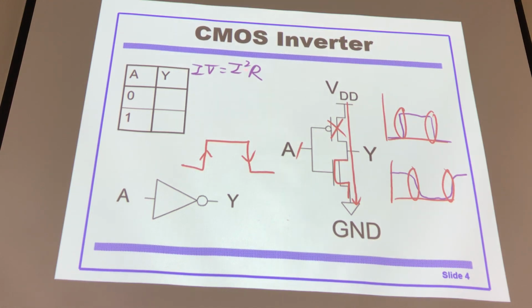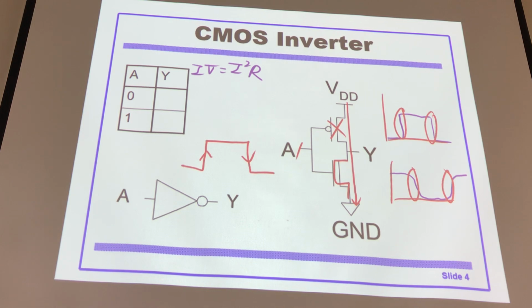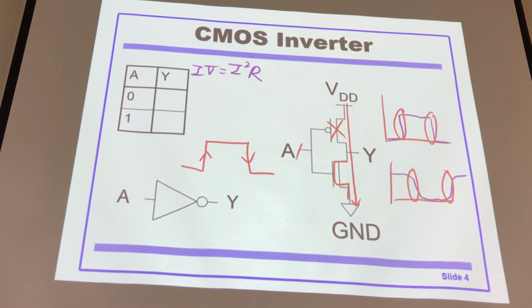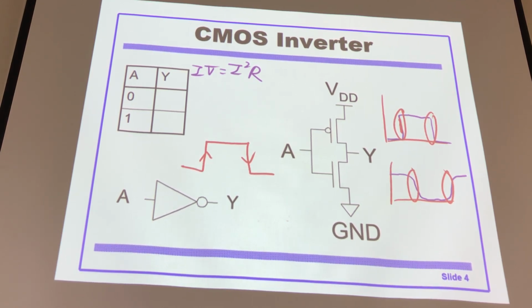Such that I squared R is also very, very low, or even no power consumption at all. That's when you have a steady 0 or 1 for the input. However, when you are switching the input in here, then it's semi-on.